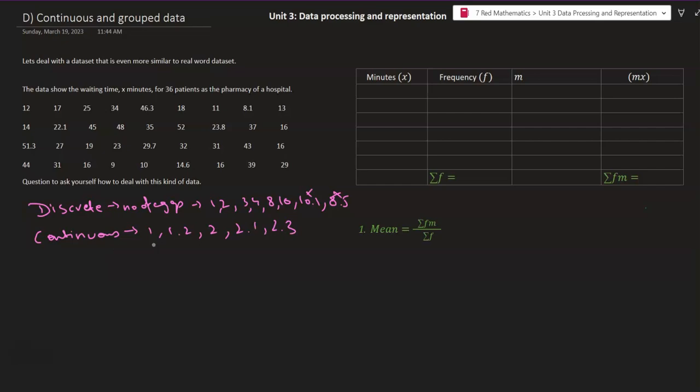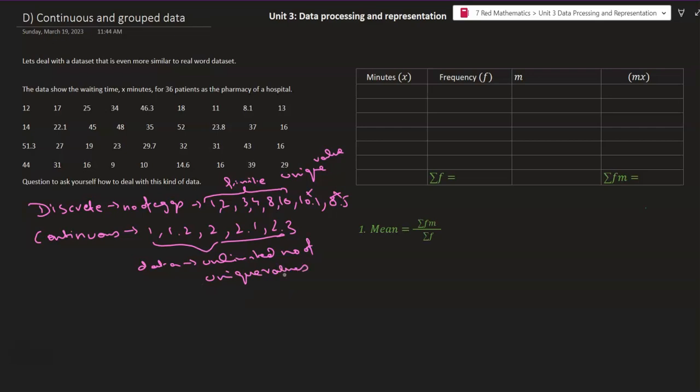The problem with discrete data is that it can be finite, so there are only a limited number of unique values. But in continuous data, there is an unlimited number of unique values.